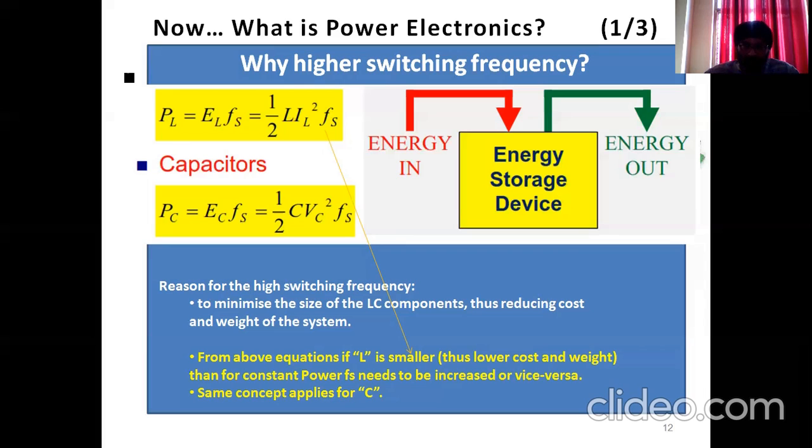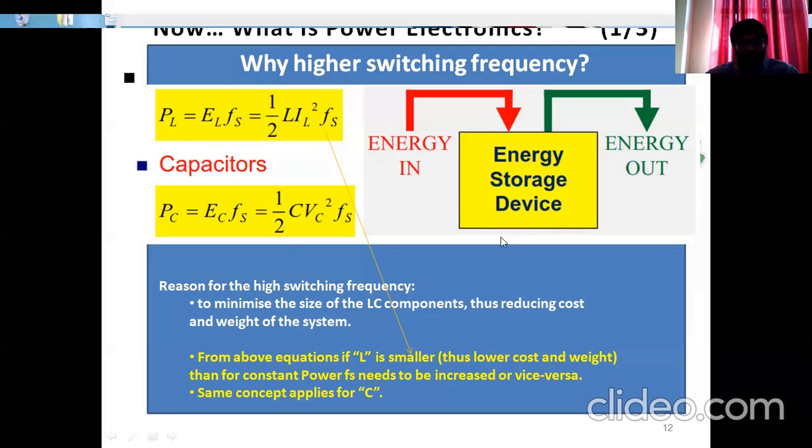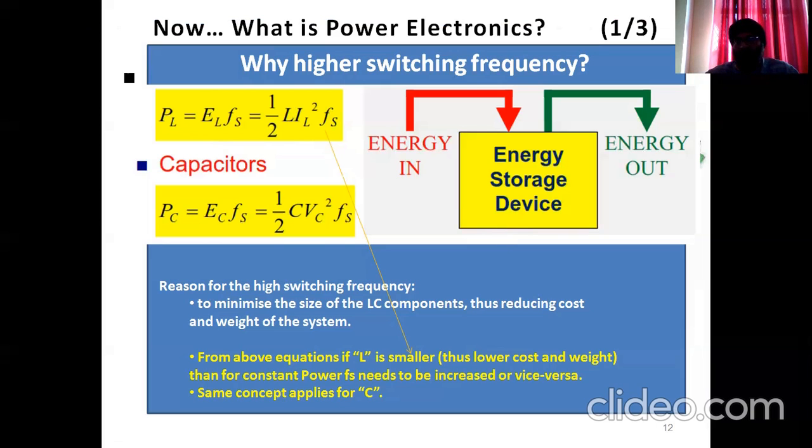So then go for the other option: increase the switching frequency. For the same power rating, we can lower the value of inductance. By lowering the value of inductance, a small inductor is required, a very small inductor is possible, with low cost, low weight, no distortion, no problems, and high efficiency, as we'll see later on.